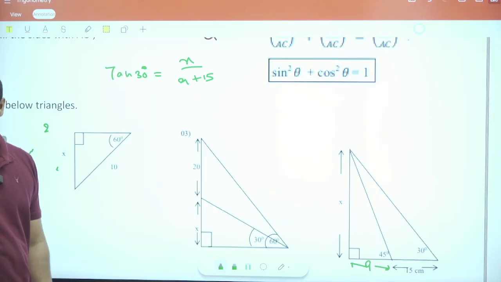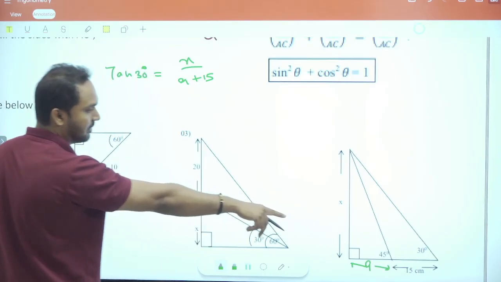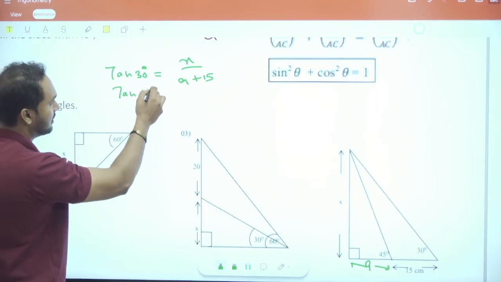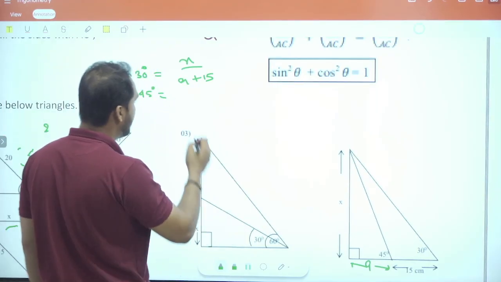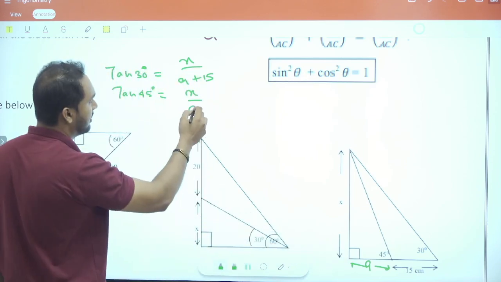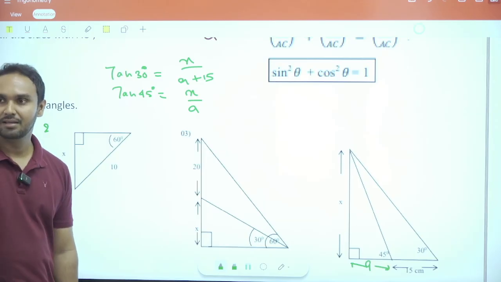That is one equation. And if I take the 45 degree value, tan 45 will be x over a, right?